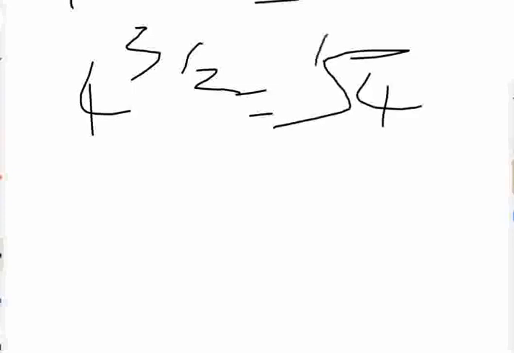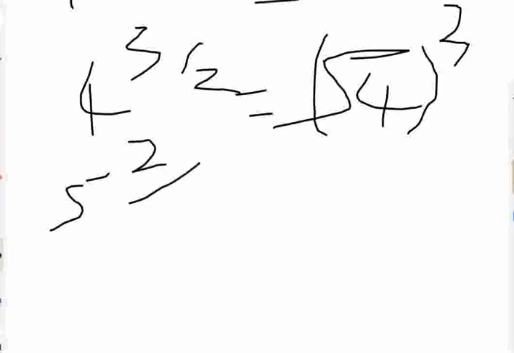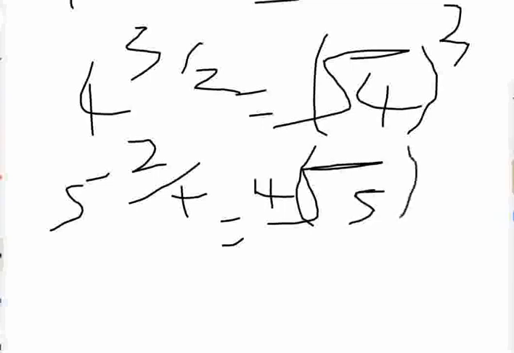So if we have 4 raised to the power 3 over 2, this is equal to the square root of 4 to the power of 3. If we have 5 raised to the power, let me say, 2 over 4, this is equal to the fourth root of 5 to the power of 2.